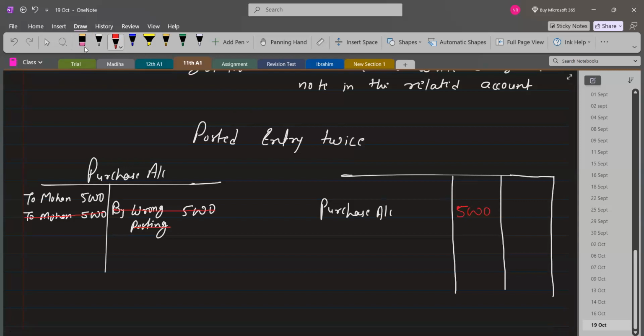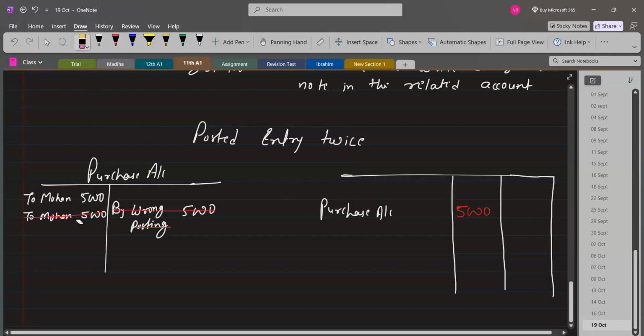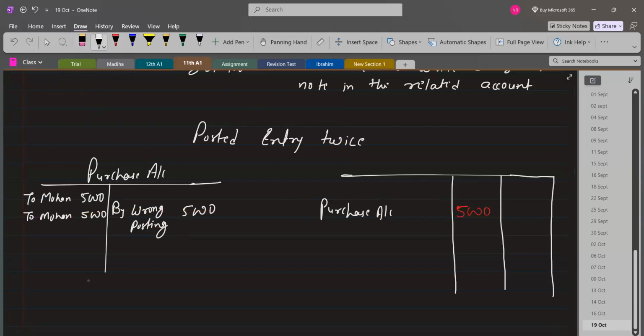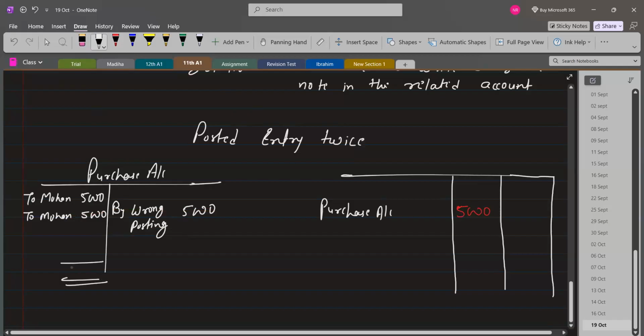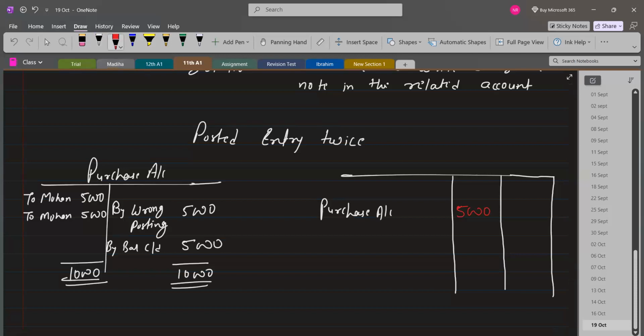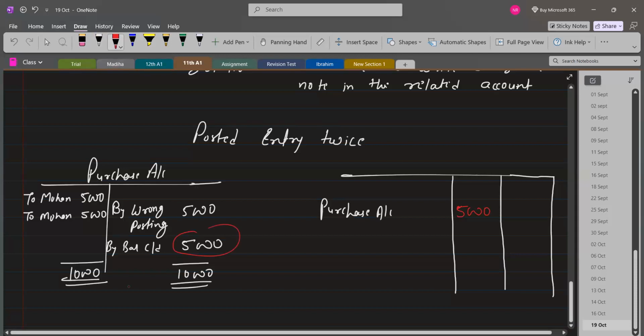Now, if I remove this, then also your balance in the purchase account will be, tell me, 5,000. But the total amount will be 10,000, right? That's what I'm asking. Total will not affect our trial balance. Yes or no?